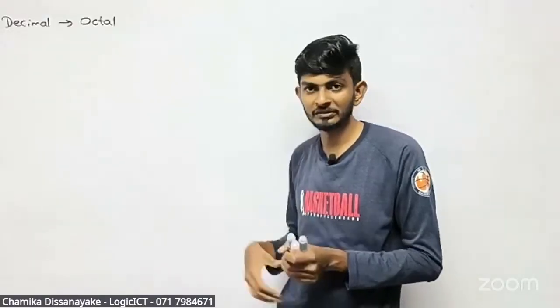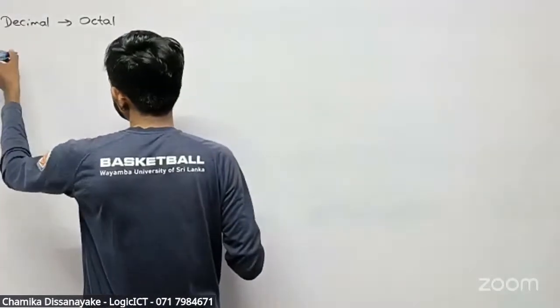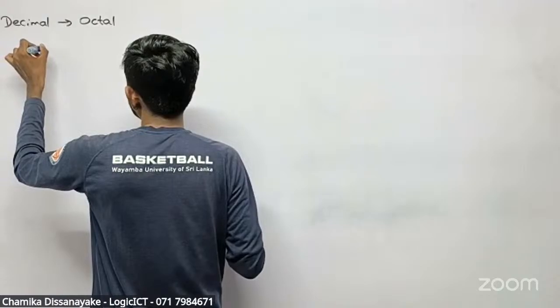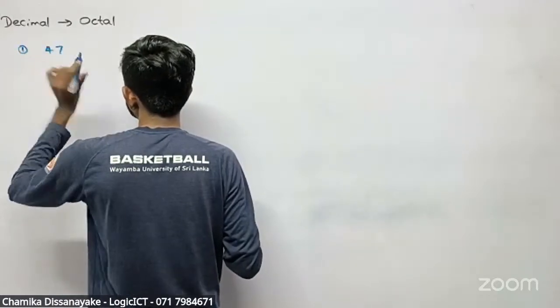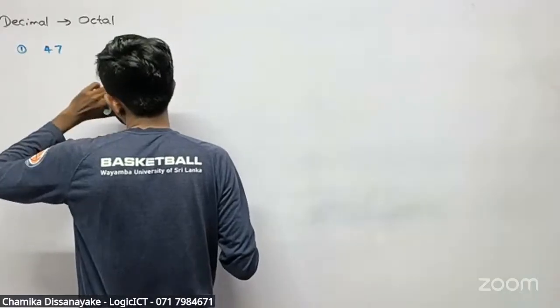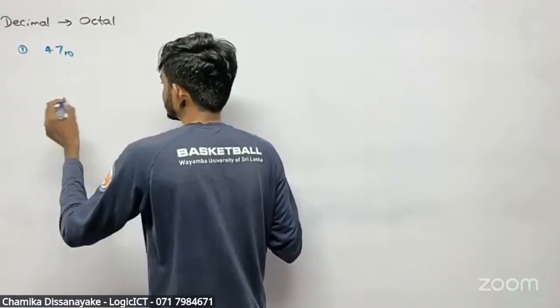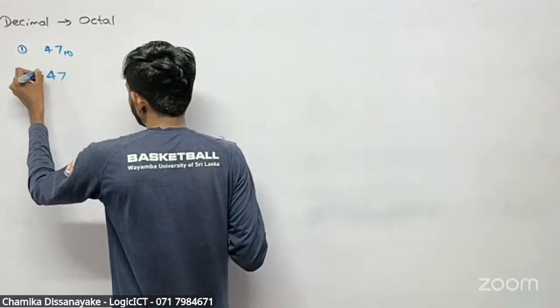Let's see this one. I will start with a simple number, 47. This is base 10, and we have to convert it into octal. So what we have to do is divide 47 by 8.